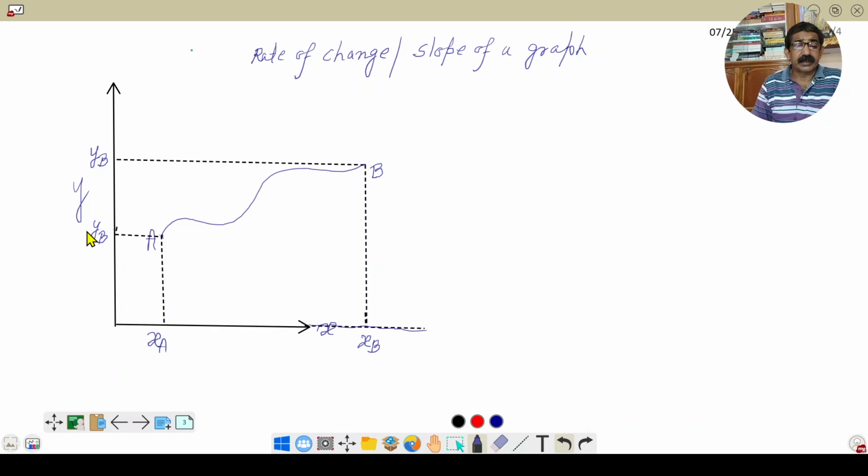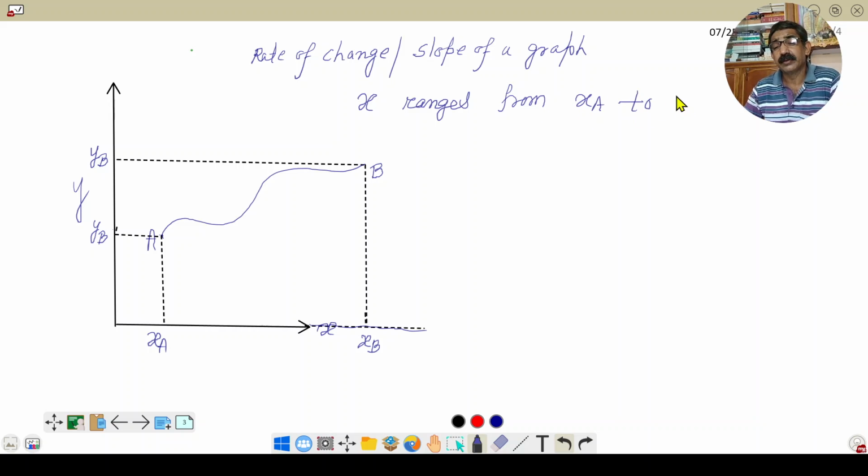So in this picture, x ranges from xa to xb. Similarly, y ranges from ya to yb.